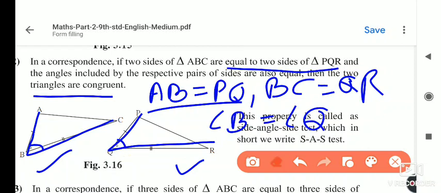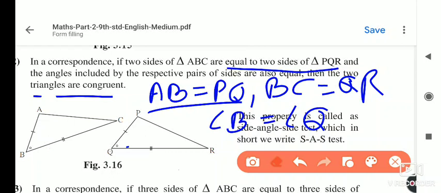If this condition is there, then we say that triangle ABC is congruent to triangle PQR. So if two sides of triangle ABC are equal to two sides of PQR and the angle included by the respective pairs of sides, B is equal to Q, then these two triangles are congruent to each other by which test?